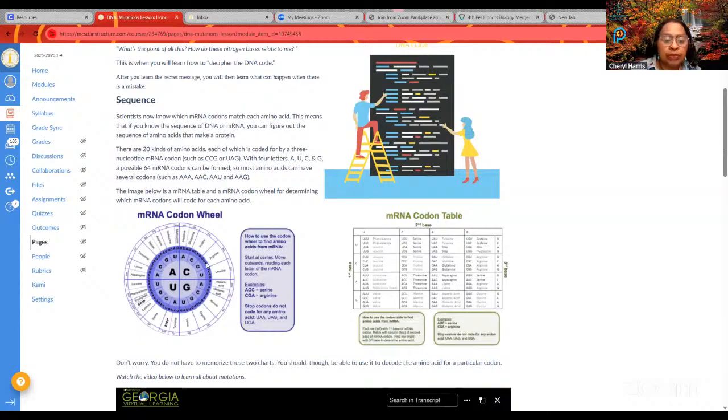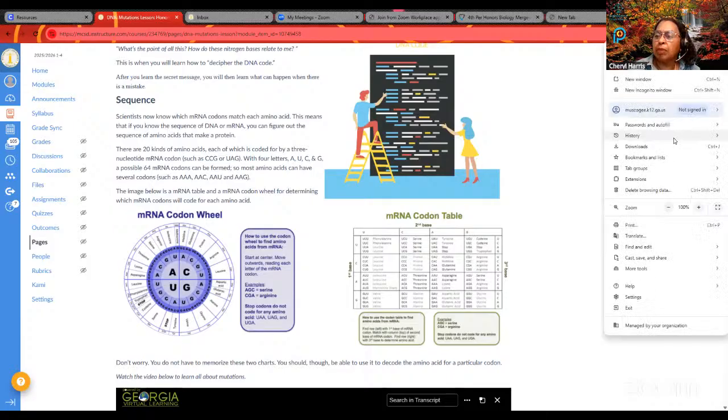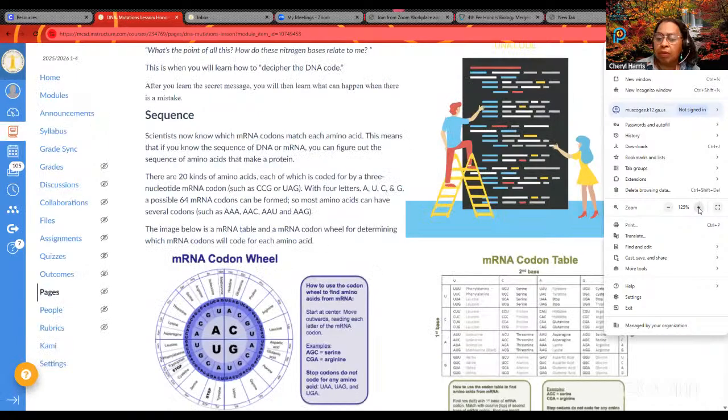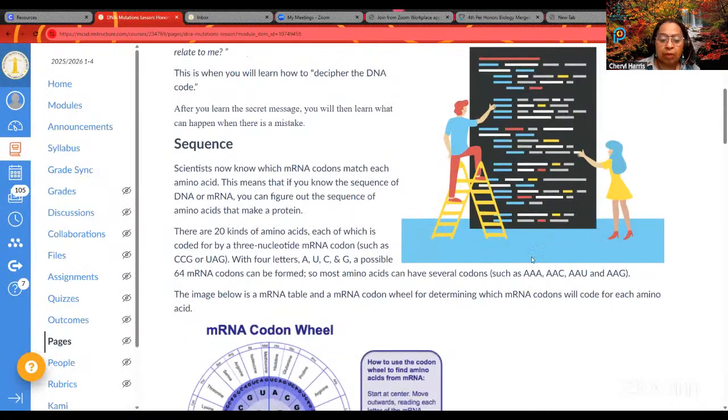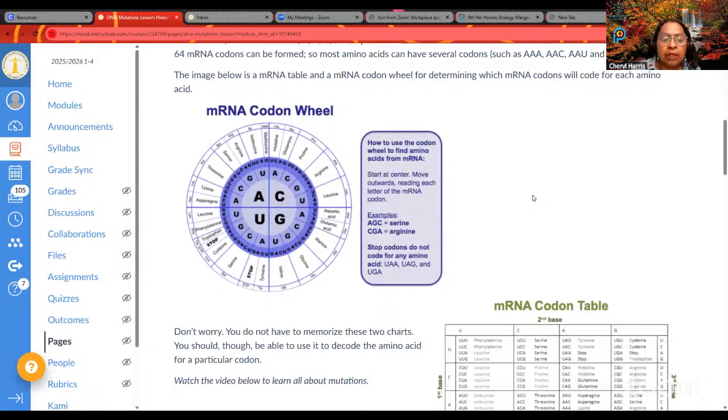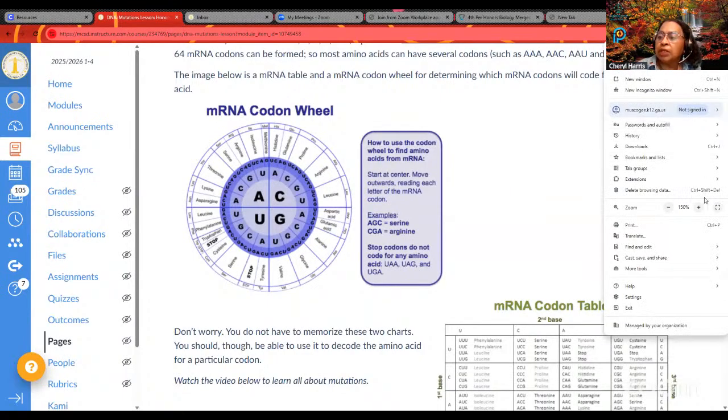So if you're looking at this page, can I try to zoom this out a little bit? Okay, here we go, because it's so tiny. All right, so we can go one more time.